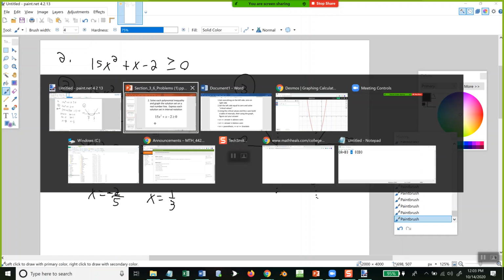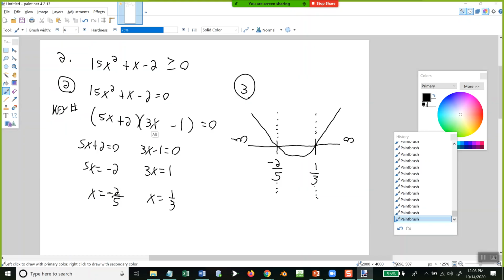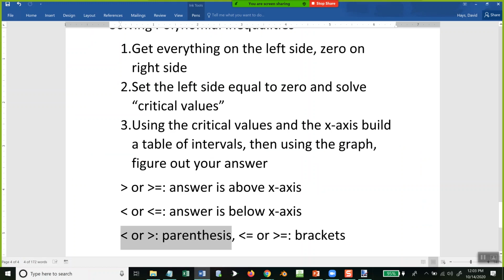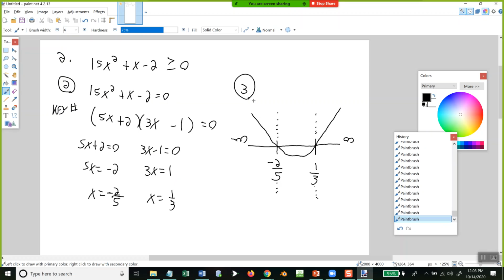Now, greater than or equal to says our answer is above the x-axis. So we're looking where our graph is above the x-axis, which is right here and right here.